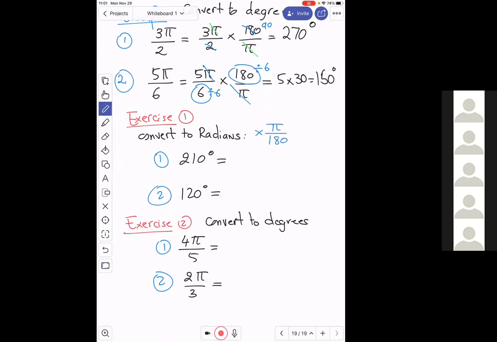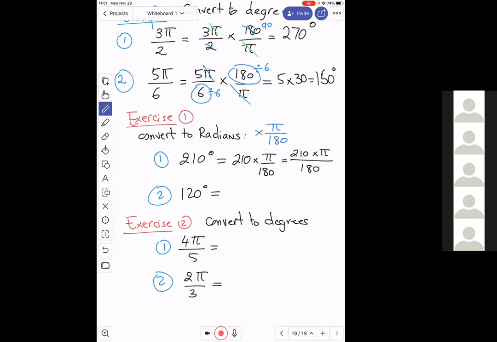So 210 times pi over 180, right? Now the next thing is to reduce this fraction.